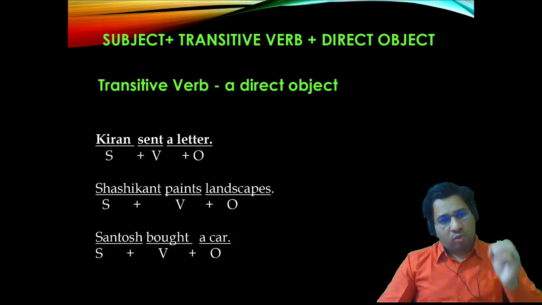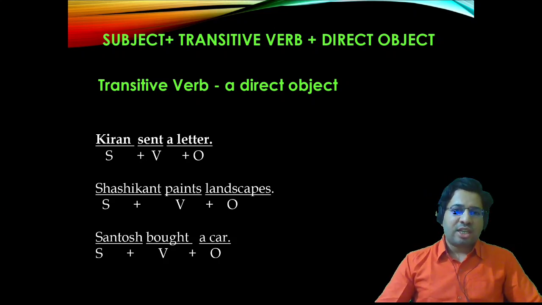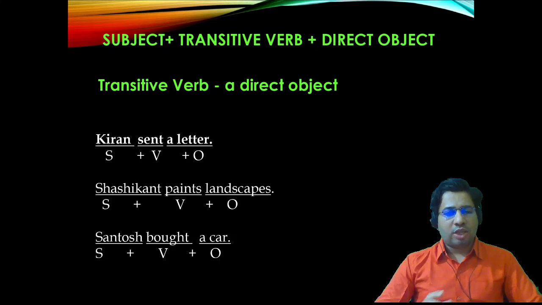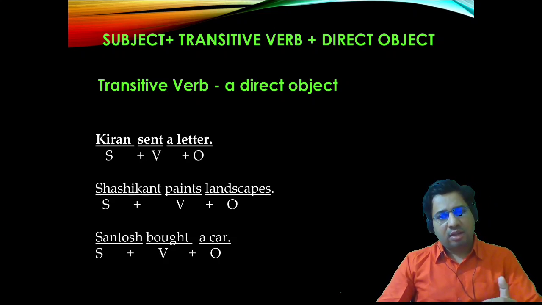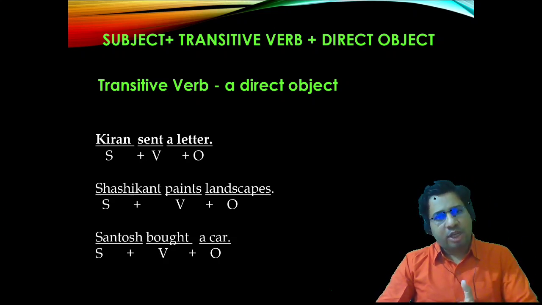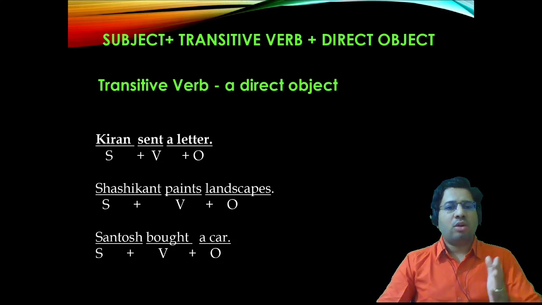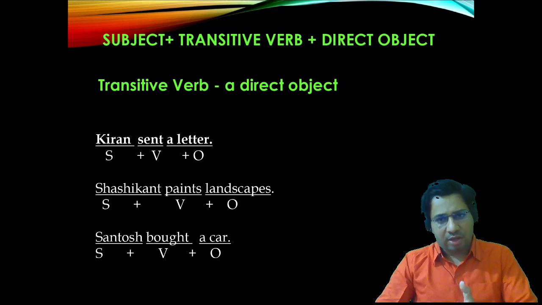To be more precise, sentence pattern 2 includes a subject plus an action verb plus a direct object. In this pattern, the subject acts upon the direct object, or to say it another way, the direct object is the noun or pronoun that receives the action of the verb.